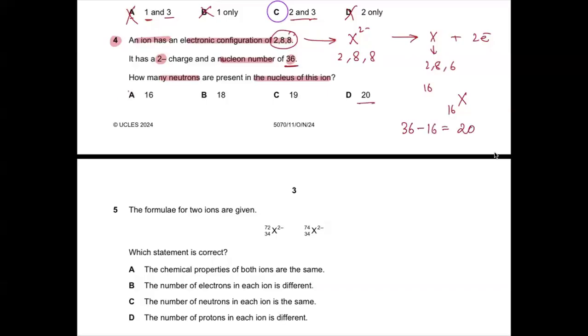So it's D. It means A, B, and C all go wrong, and D is the correct answer, right? Is this understandable to all of you?